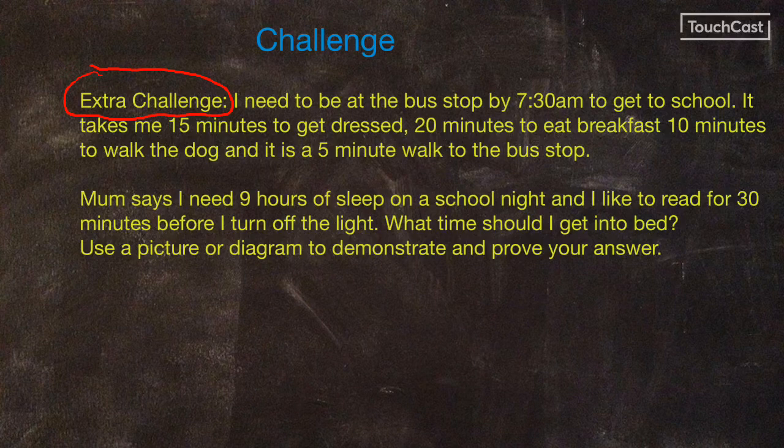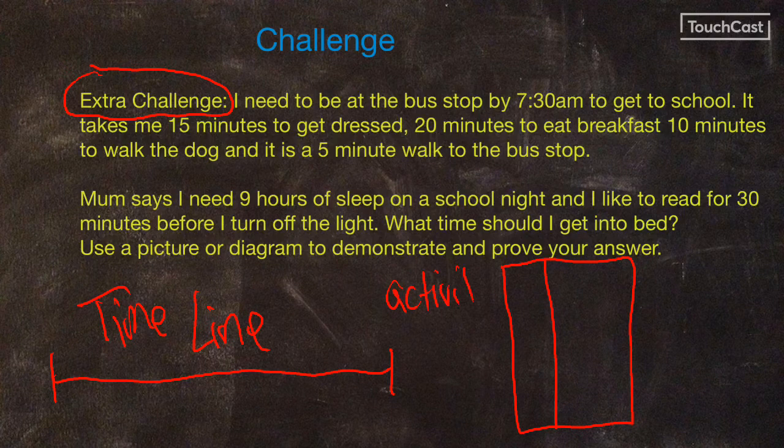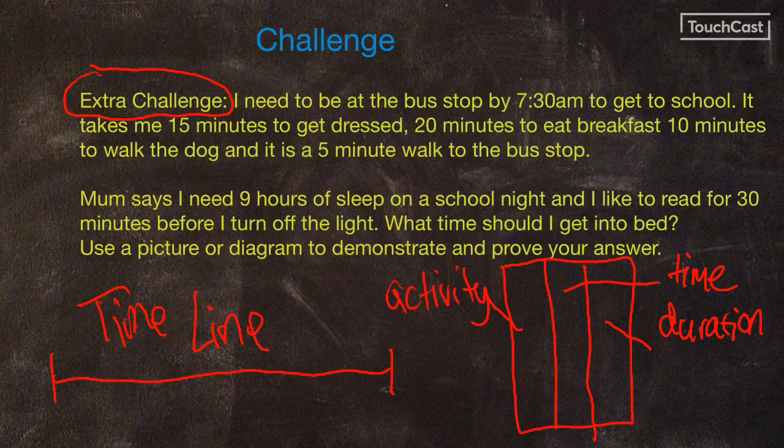That might look like a timeline, which is just like a number line only for time. Or it might look like some kind of table, where you might have the activity here, the time that everything has to happen at, and the duration, which is what we call the amount of time that has passed.